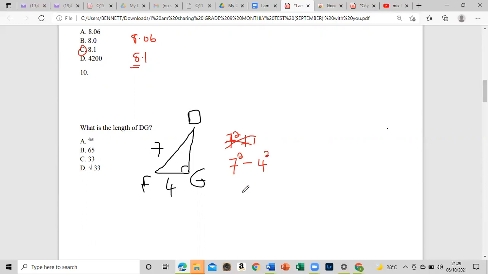And then that would be 49 minus 16, and that would be 33. Remember, it's 33 squared, so we're going to find the square root of it. So that would be D.